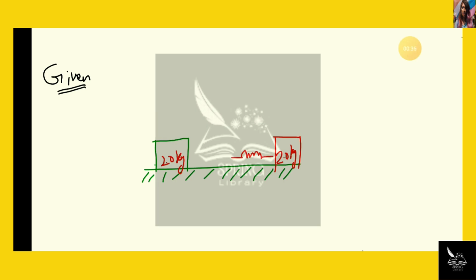Now the question says that initially they are both at rest, but after some time the first block moves in this direction with a velocity of 1 meter per second.